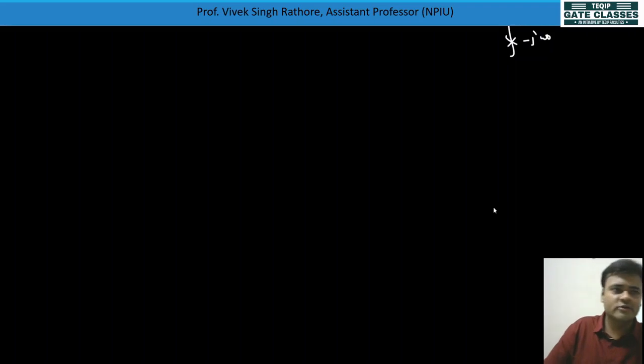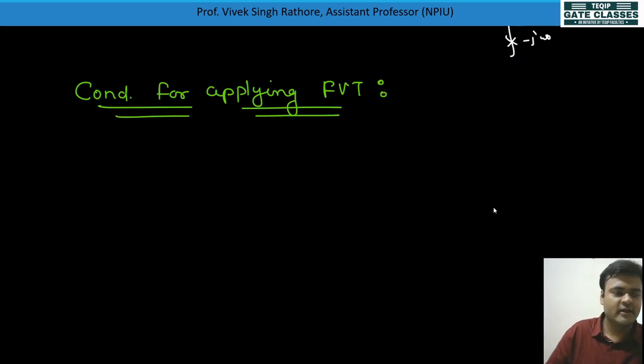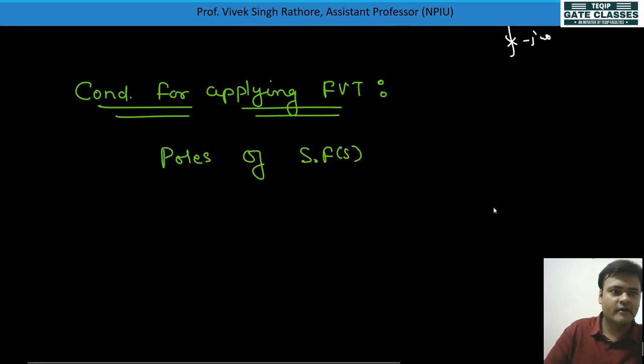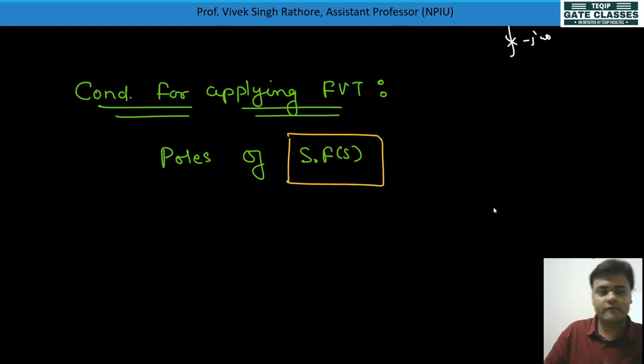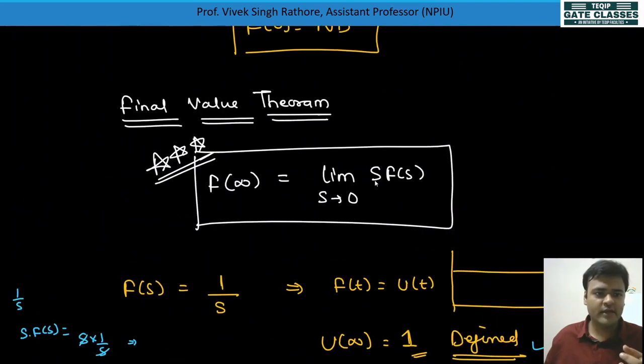So the final conclusion we can draw from here is that the condition for applying the final value theorem is that the poles of s into f of s, I will write here poles of s into f of s, because in our formula also we are doing s into f of s.